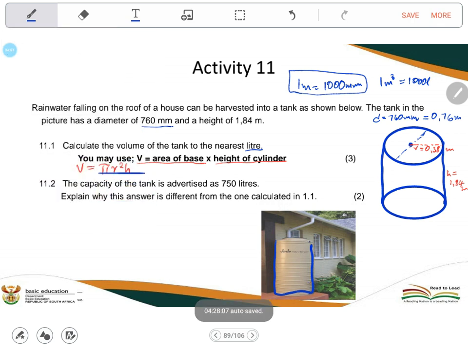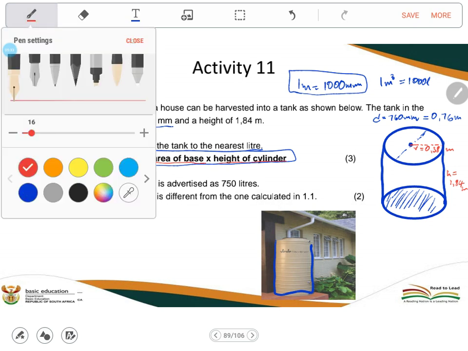But if you look closely, you'll see we have pi r squared, which is actually the area of a circle, because the base is a circle. That's why it says area of the base multiplied by the height of the cylinder. So it's not something new.